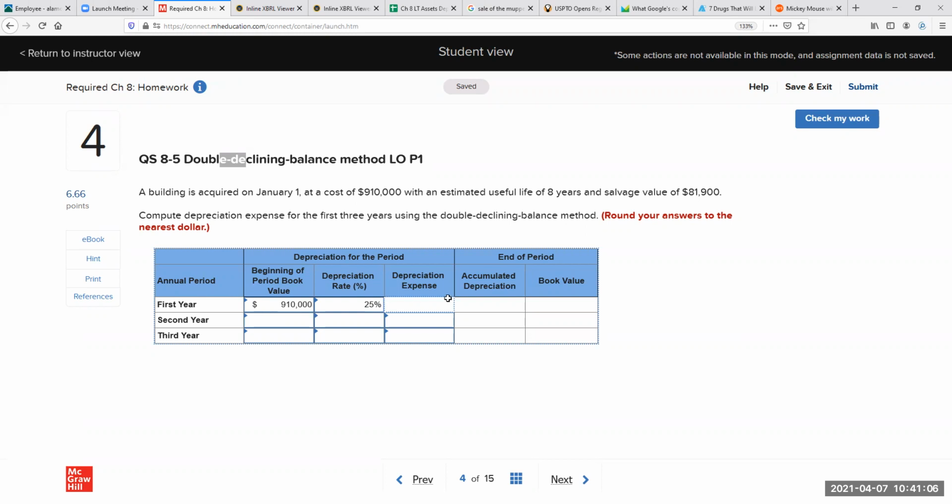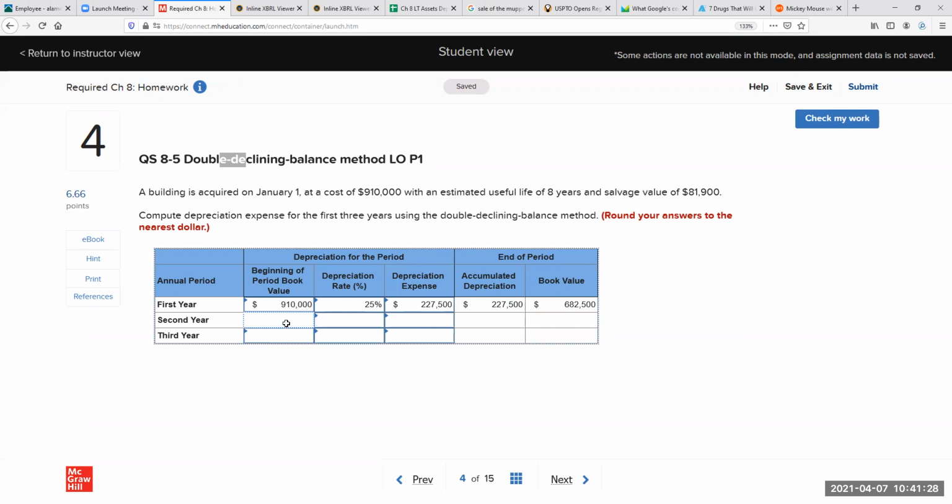Remember the journal entry: depreciation expense is debited, accumulated depreciation is credited. The book value is what you paid minus what you've recovered. So the book value is 682.5.